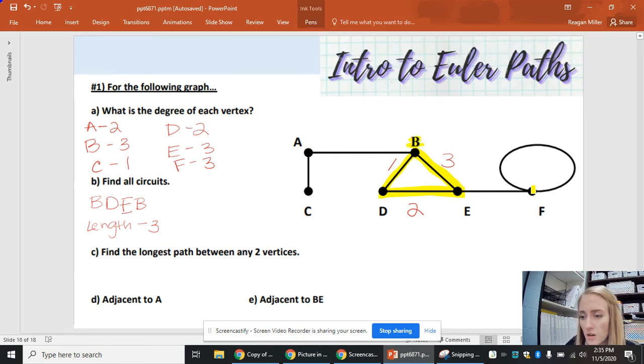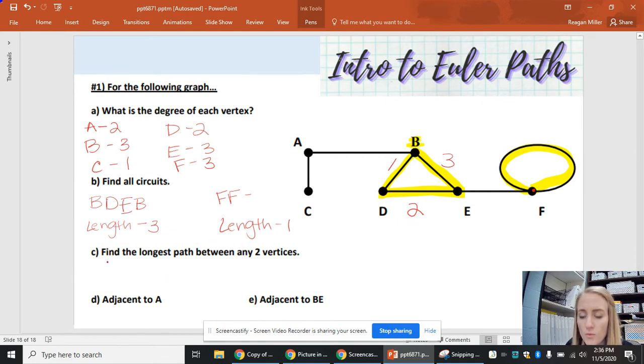So we're starting at F, we're looping back around and we're ending at F. I don't see why that wouldn't be. So F, F, and the length there is going to be 1. I don't see any other way you could start and end at a vertex and make it back to where you were without crossing over a part that you've already been down.